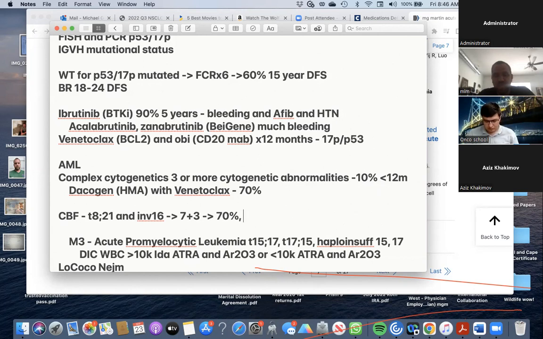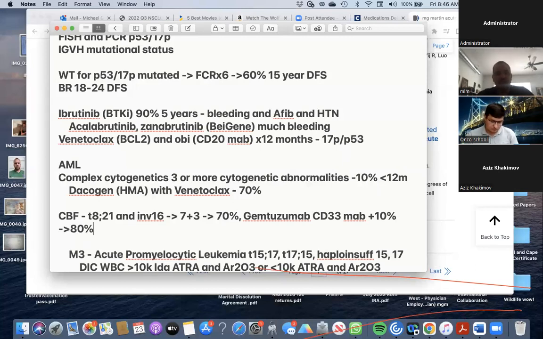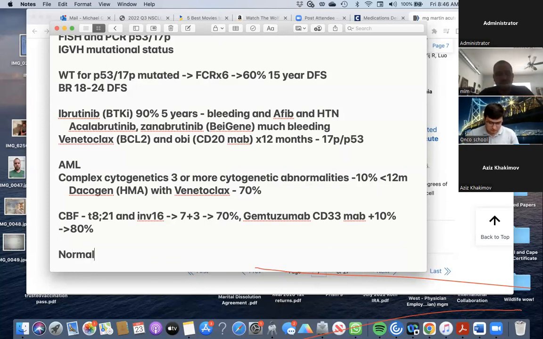The other thing that we add in the US though is gemtuzumab, which is an anti-CD33 monoclonal antibody that adds about a 10% benefit to overall survival. So we can get our overall survivals up to 80% with AML with these core binding factors. And then finally, there's normal cytogenetics.